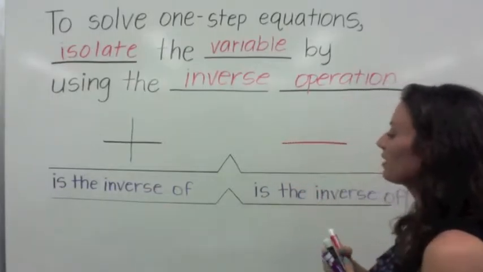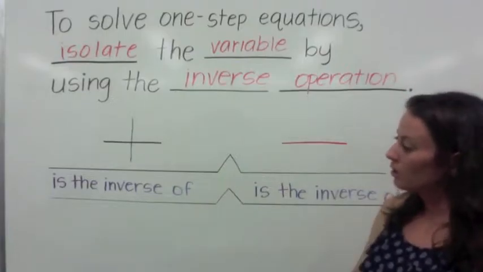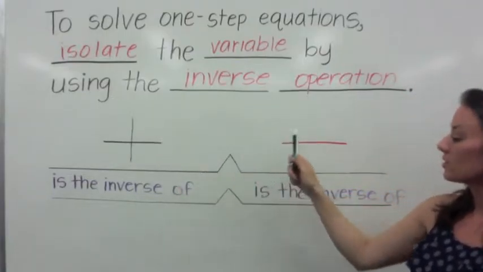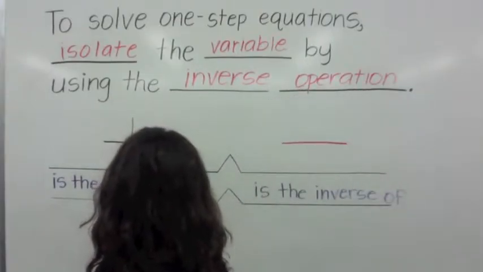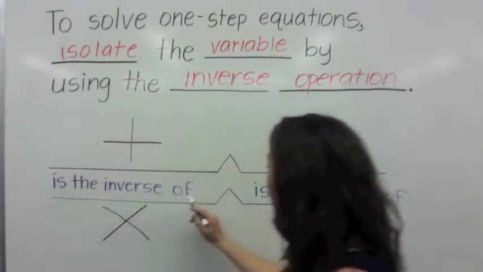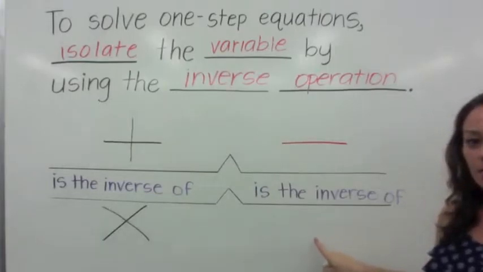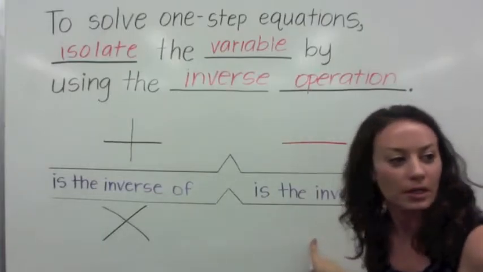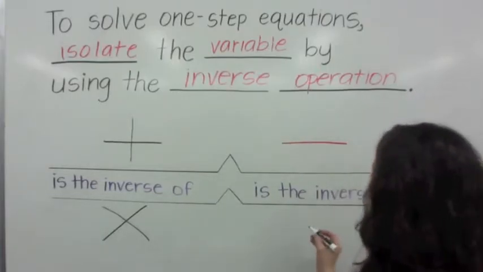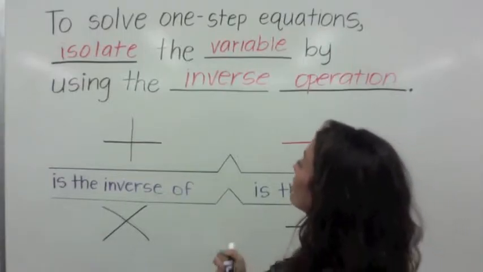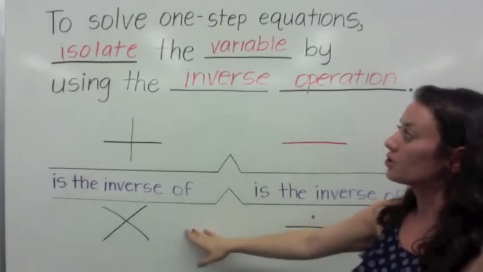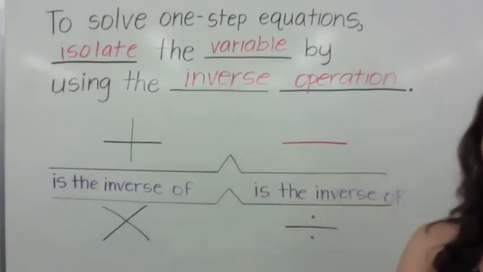Just like addition is the inverse of subtraction, multiplication is the inverse of what? Division. That's right. So when we solve one-step equations, we're going to be using inverse operations to isolate the variable.